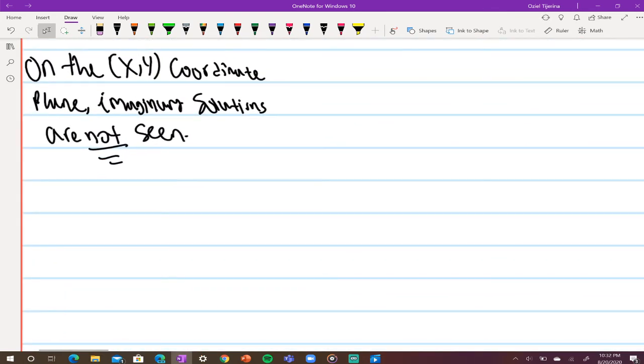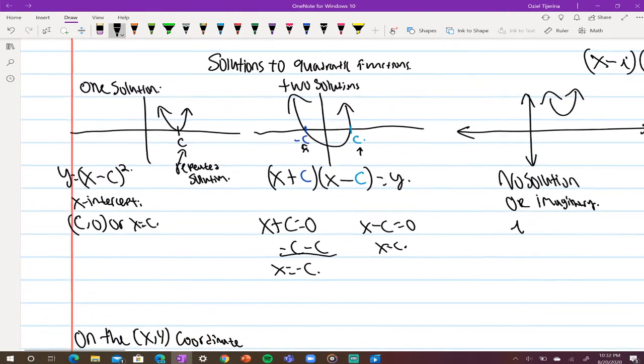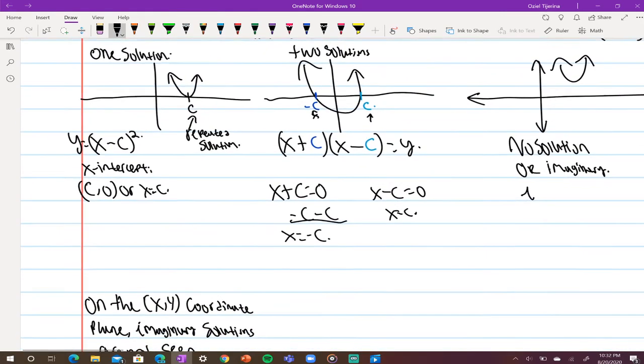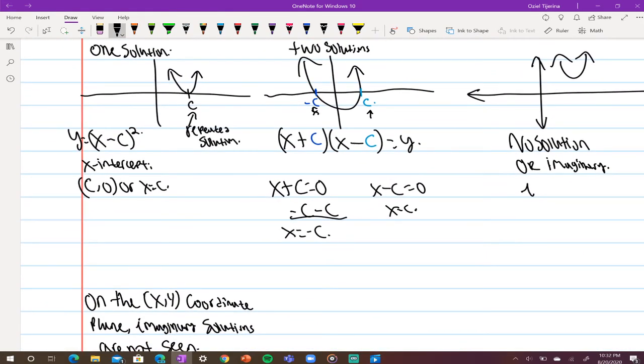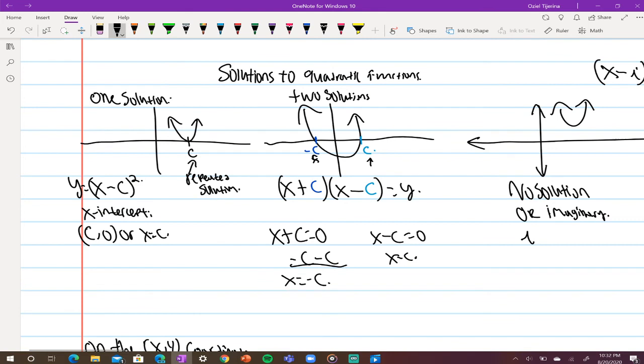One thing I want to make note of is that the square root of negative 1 is i. That's the imaginary number i. But we're going to go over those later in another video, because I barely wanted to introduce how they look on the actual coordinate plane.